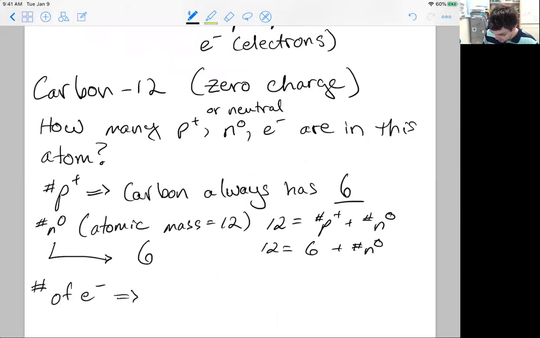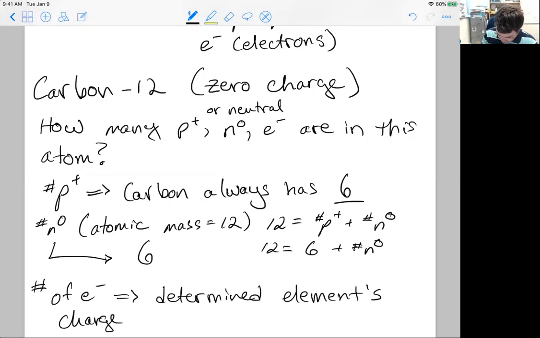This is determined by the charge of the atom that we're looking at. So this is determined by the atom's charge.